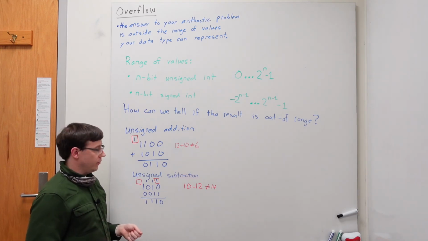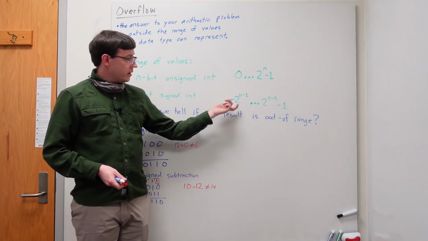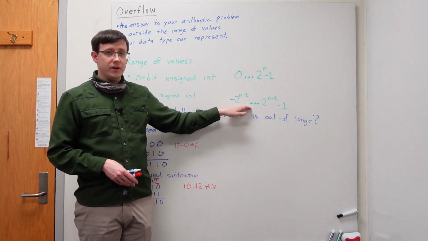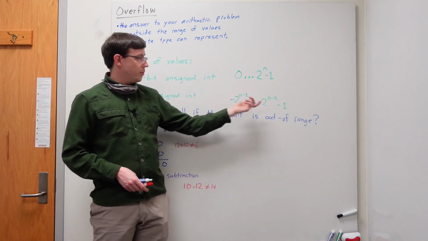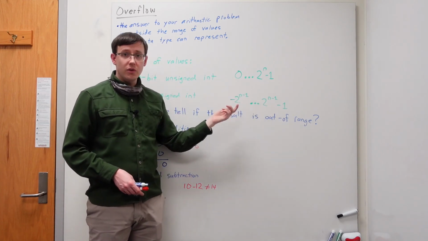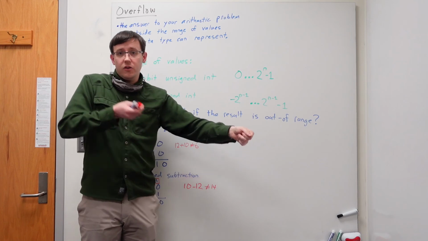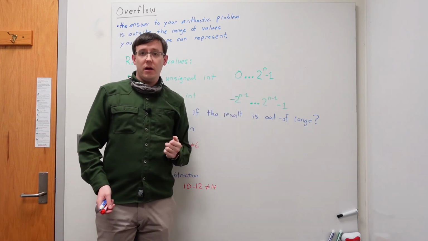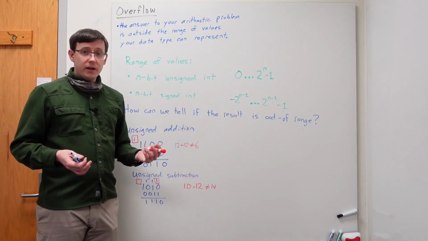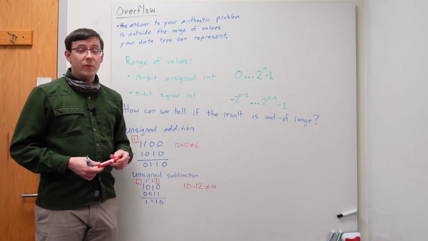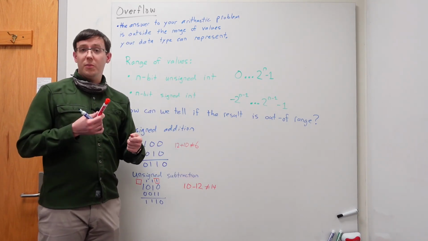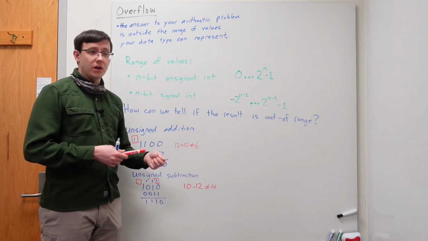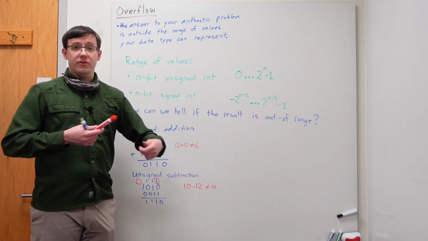For signed numbers, we don't have the same dichotomy between addition and subtraction, because when we have both positive and negative values, we could, with either an addition or a subtraction, end up going out either end of the range. For signed arithmetic, the danger is that we have a carry which messes up the sign column, taking us from what should be a positive result to a negative, or vice versa.